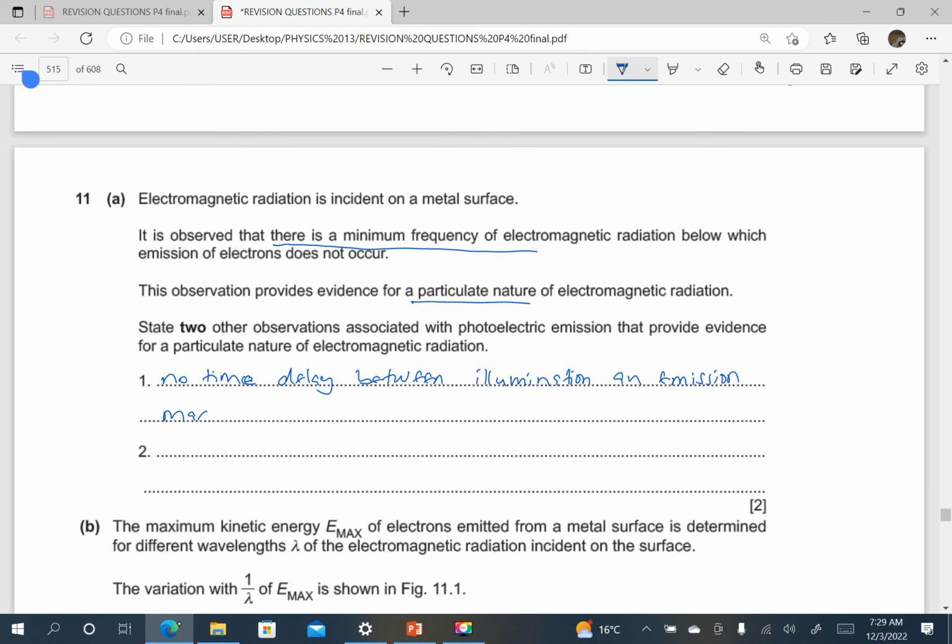We say the maximum kinetic energy of electrons is independent of intensity.